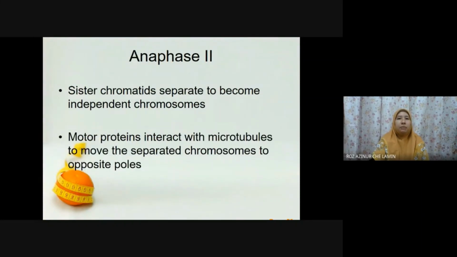During anaphase 2, the sister chromatids separate to become independent chromosomes. It is much like anaphase in mitosis. The motor proteins interact with the microtubules to move the separated chromosomes to opposite poles.